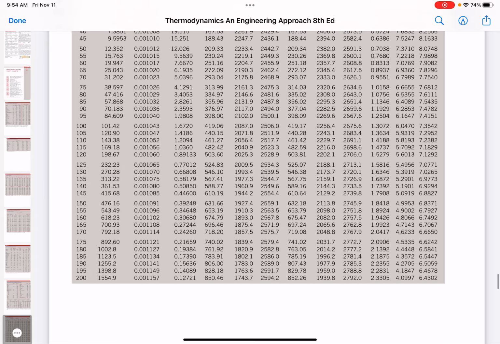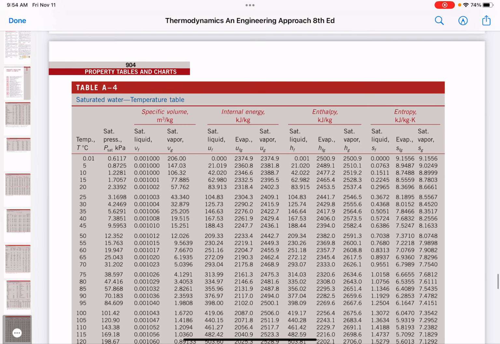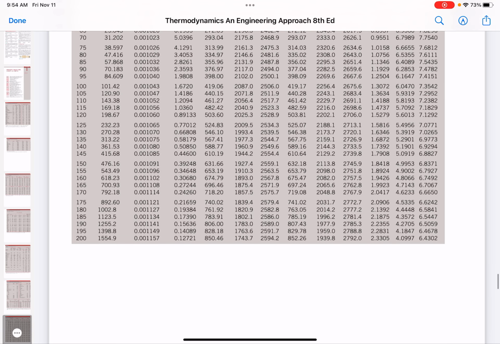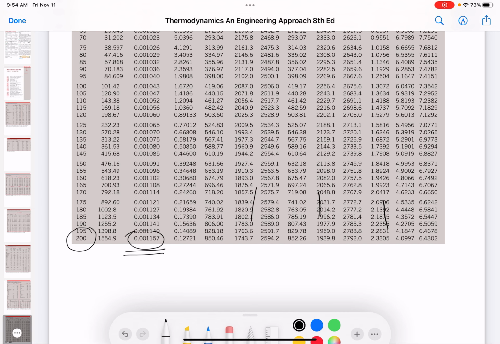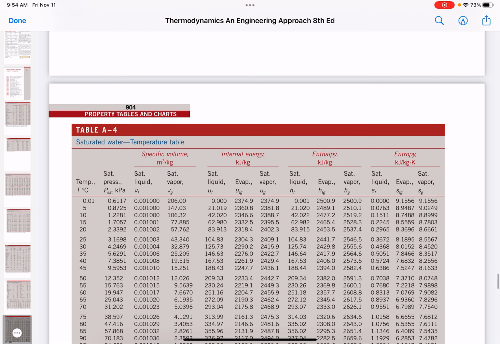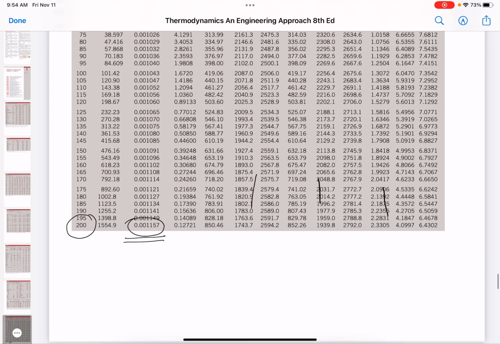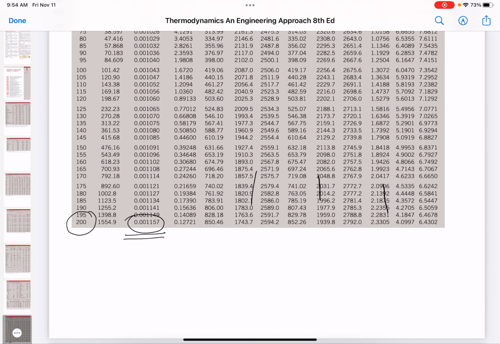When we go to tables, table A4, saturated water temperature table, we know our temperature is 200. So our specific volume of the saturated liquid should be 0.001157 meter cube per kilogram, right? So that is the correct column.